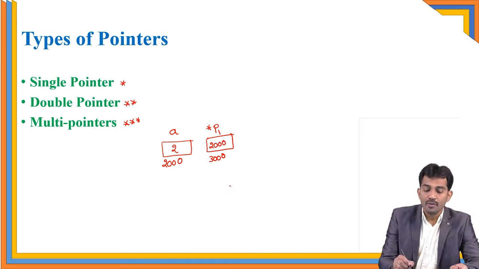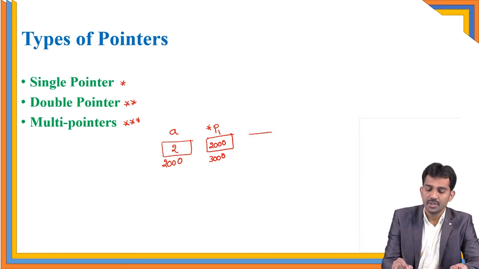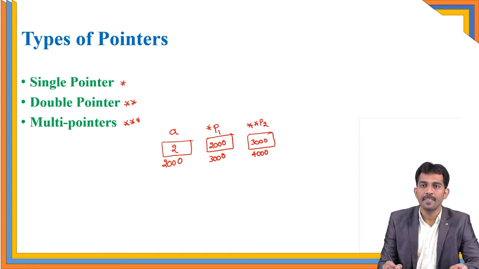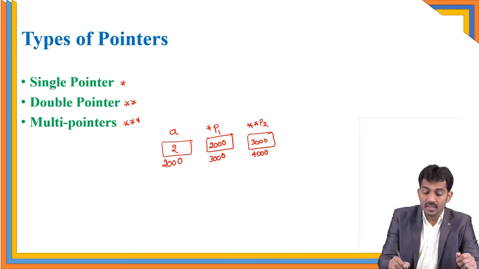For example, if you want to store this pointer address, then you should take double star pointer P2. P2 equal to 3000 and this address goes to 4000, right? If you want to store this address, then you require one more step.